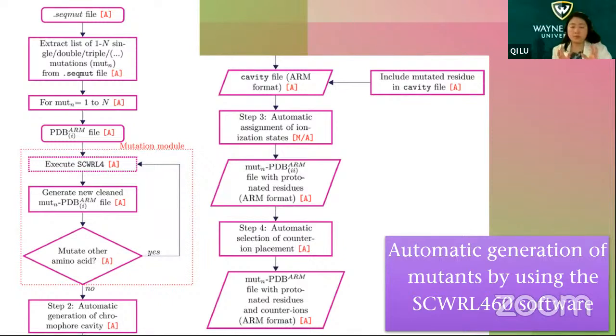So this is the cool part of this model, because it has a built-in mutation module that can automatically generate mutants using this software. It can generate a mutant, mutating to another amino acid, and all of this can be done in the software.